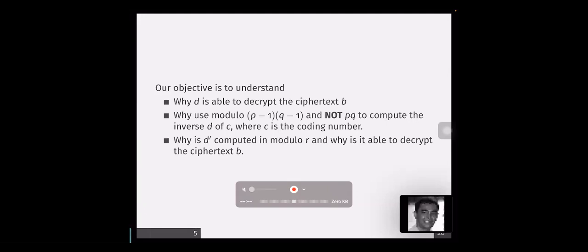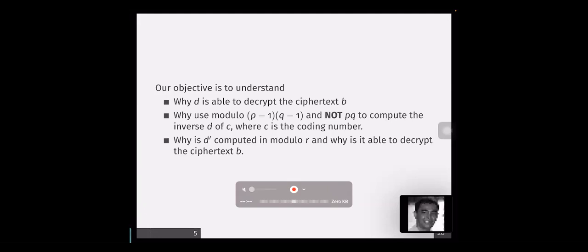Why do you need to get P and Q? Because if you know P and Q, then you can compute P minus 1 and Q minus 1. And since C is part of the public key, it is a given, because it is the one that is used in the encryption.